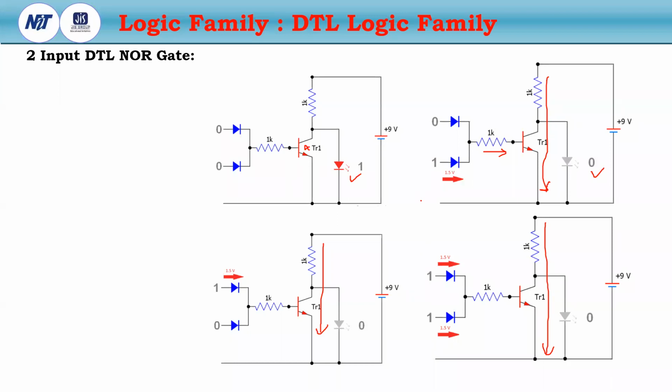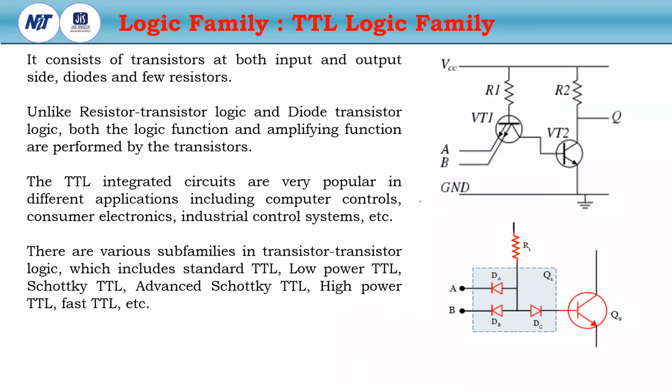So now I will go to the next type of logic family that is very much important, called the TTL logic family, transistor-transistor logic family. It consists of transistors at both the input and the output stage. In the previous stage, we saw that either diodes or resistors are in the input stage and the output stage is the transistors.